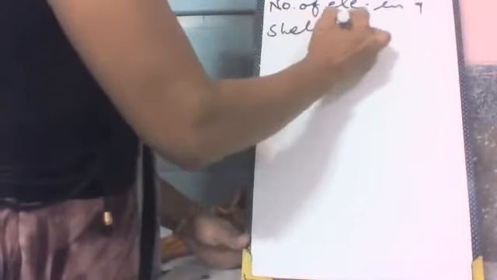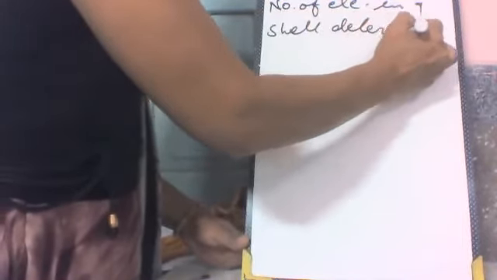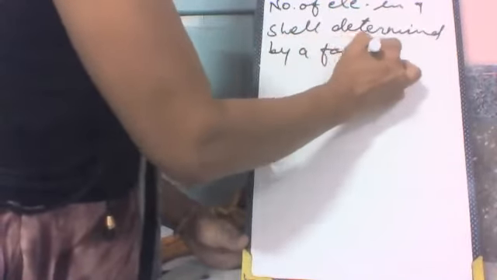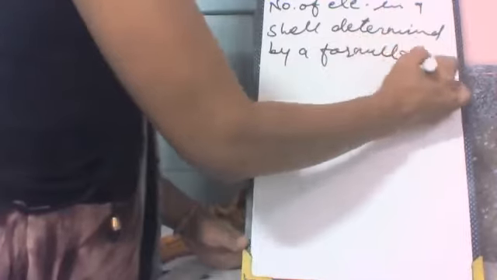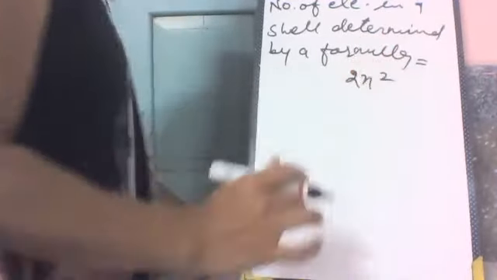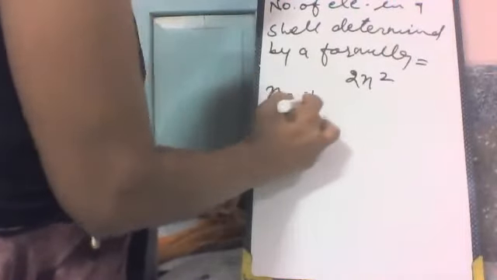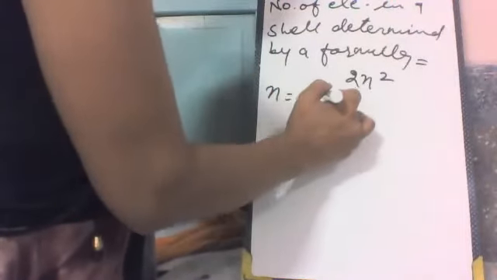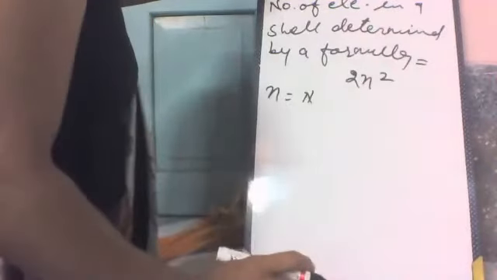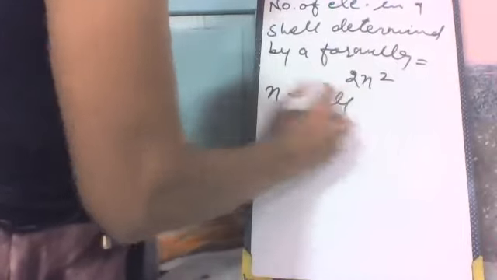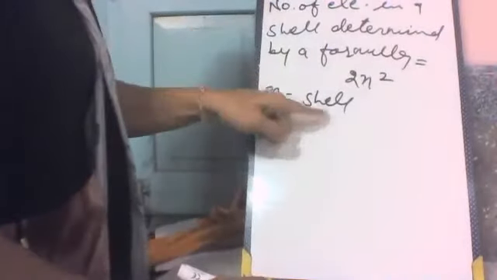The number of electrons in a shell is given by the formula 2n squared, where n is the number of the shell.